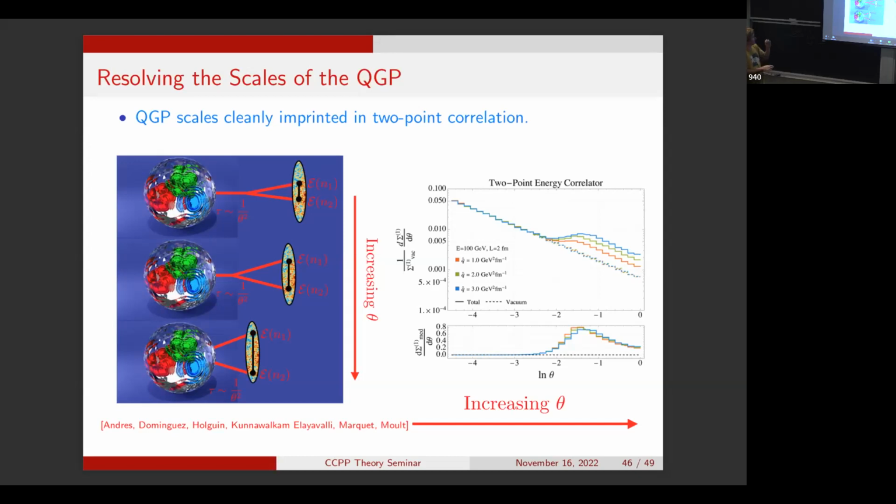If you have a very small angle here, it means this thing lived for a very long time and came out of the plasma and then split into 2. As you move this angle up, you force the particle to go back into the plasma. And so what you expect is that you will see the scale of this ball of plasma imprinted into the structure of your correlation function. As you increase the angle here, you see this nice scaling behavior, which is exactly the same as in QCD.